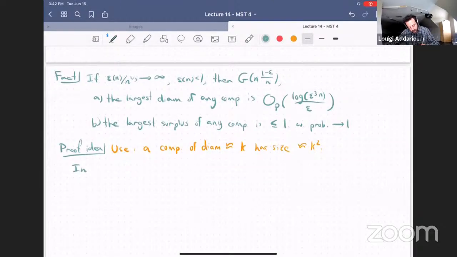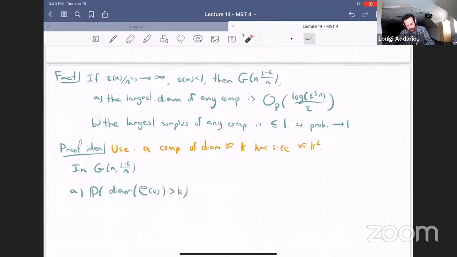we're focusing now on this graph G(n, (1 minus epsilon)/n). So what's the probability that the diameter of a component is bigger than k? Right away we'll use this heuristic that we didn't prove. Say this is roughly the probability that the component has size bigger than k squared.